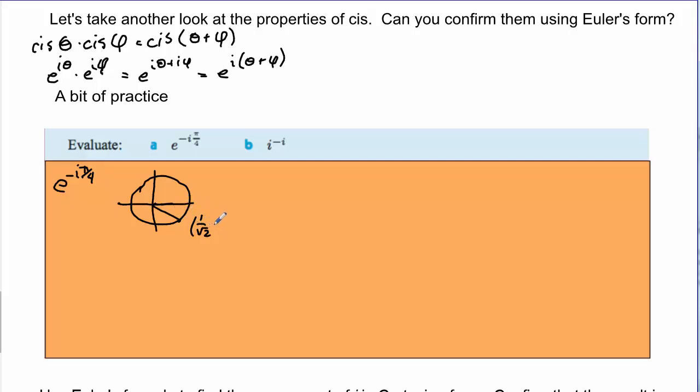So the coordinates of this are 1 over root 2 and minus 1 over root 2. This is the imaginary part. And so as a complex number in a plus bi form, this e to the minus i pi over 4 is just 1 over root 2 minus 1 over root 2 i. And that's all there is to it.